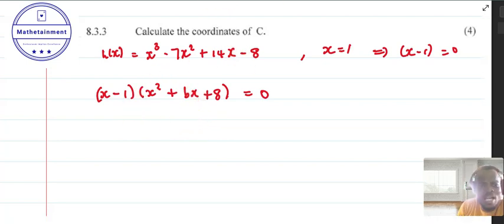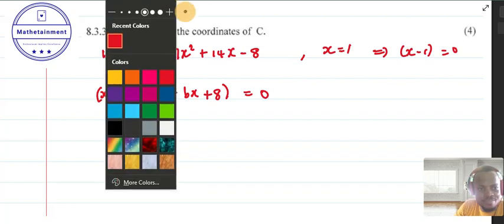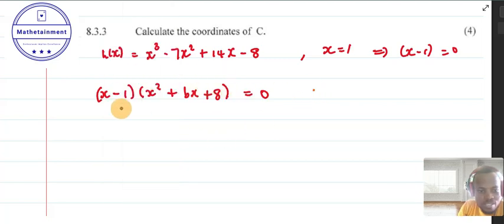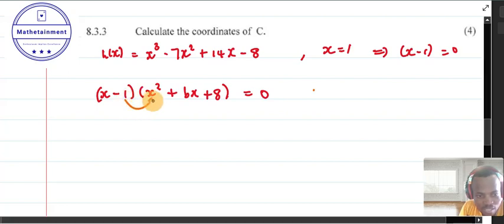How do I find the value of b? Okay, let's just do this. You say this one times this one, and you multiply x with your bx.